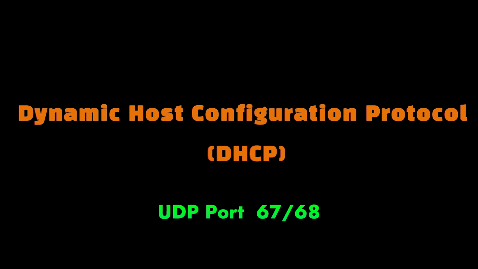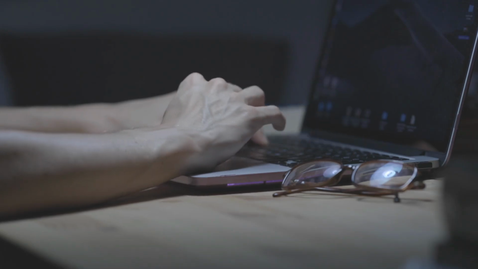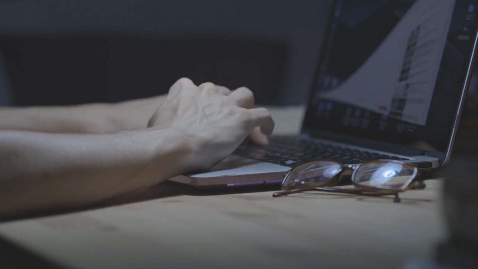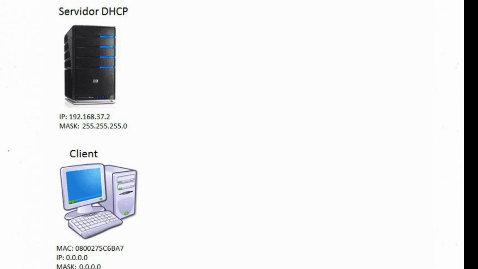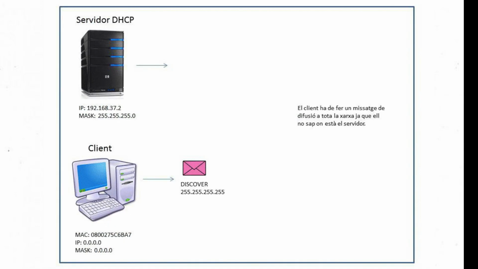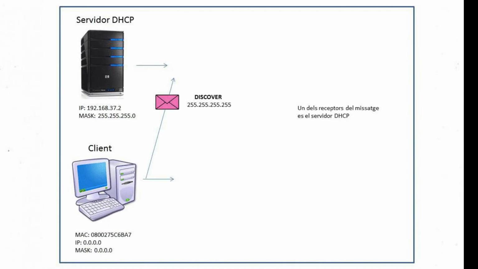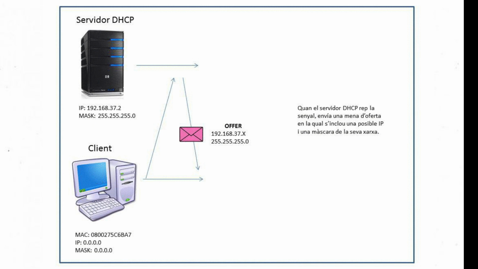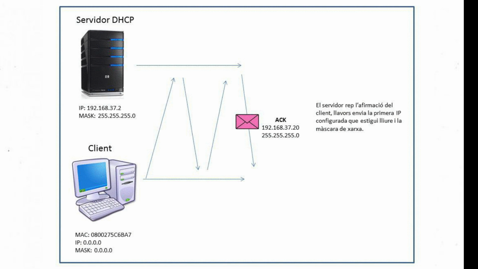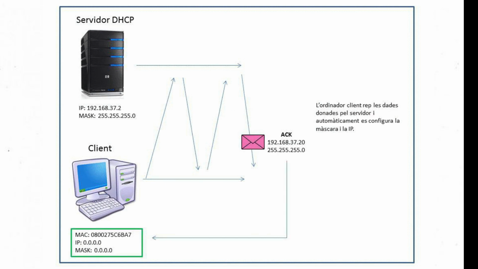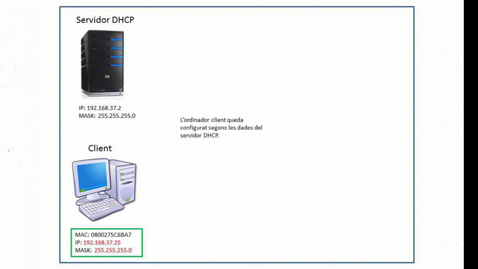Now, the next one is DHCP, or Dynamic Host Configuration Protocol. It simplifies the process of assigning IP addresses to devices on a network dynamically. When a device joins a network, it sends out a DHCP request broadcast packet, seeking an IP address. A DHCP server on the network receives this request and allocates an available IP address from its pool to the requesting device.